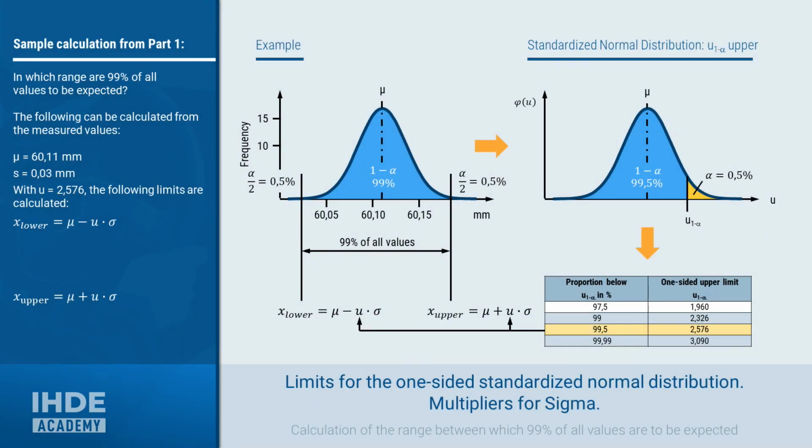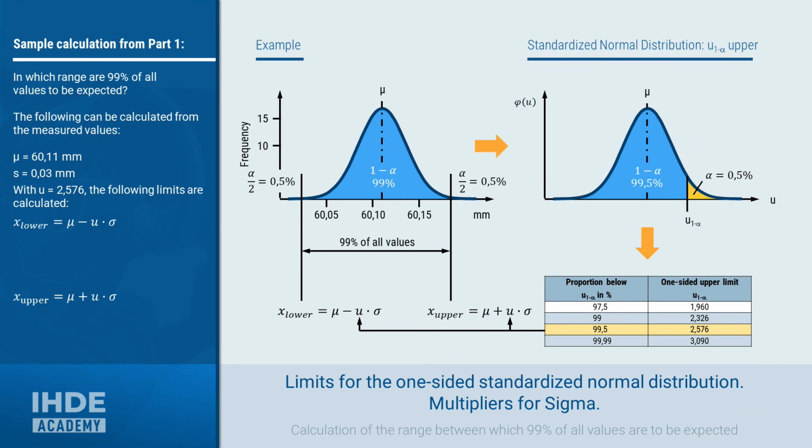As already explained, a transposition to a one-sided distribution must first take place. This is shown on the right. 99.5% of all values are before the limit. The value for u for 99.5% can be read from the table below.